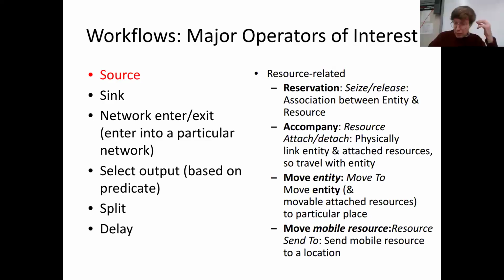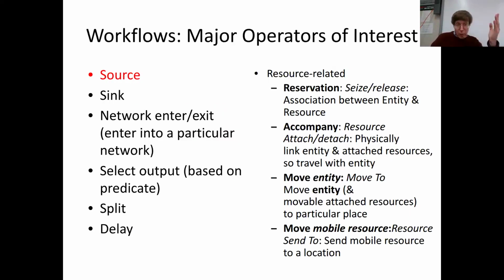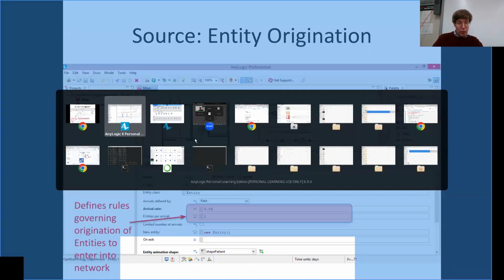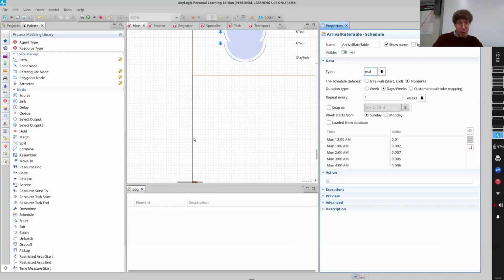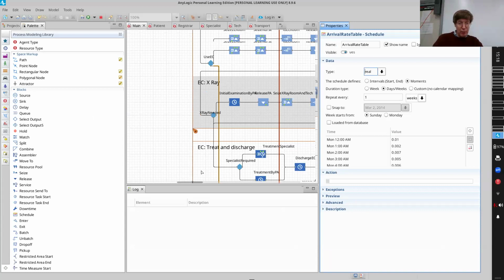Let's talk briefly, time runs on here. Let's talk briefly about major operators, major blocks of interest in this structured workflow language. I think you'll find them actually quite accessible. There are sources which go off with a certain rate or a certain set of rules that govern the arrival.